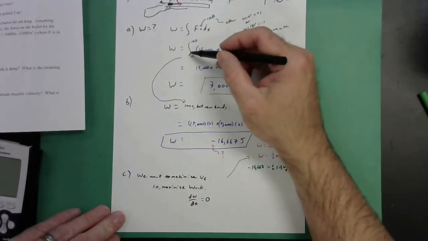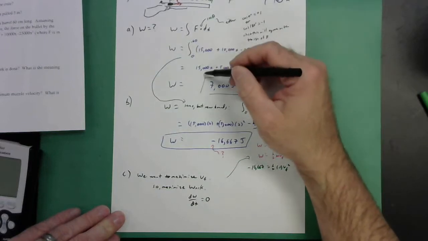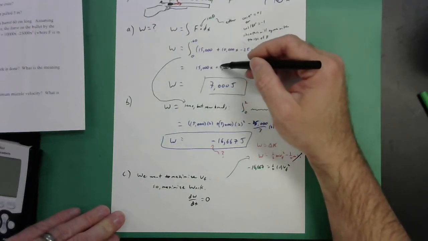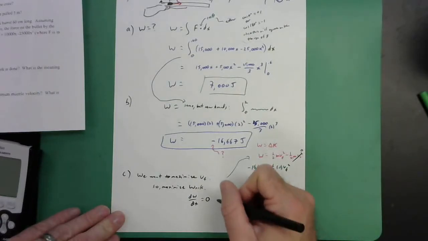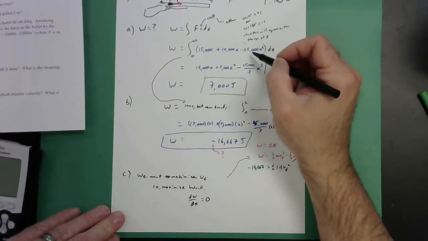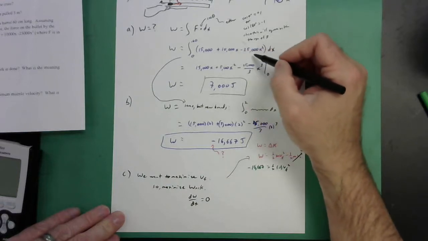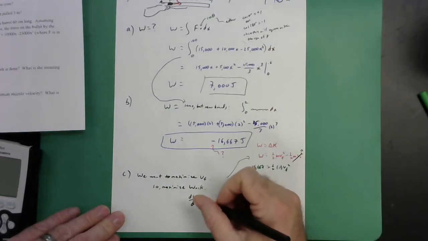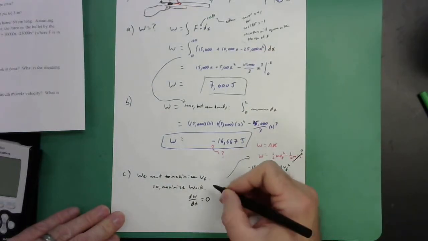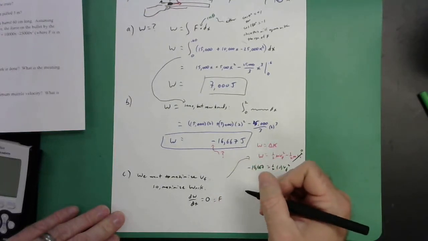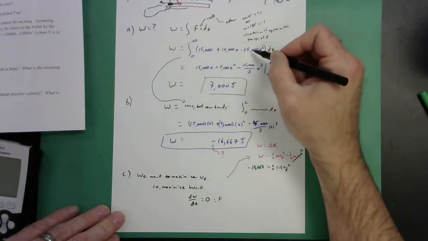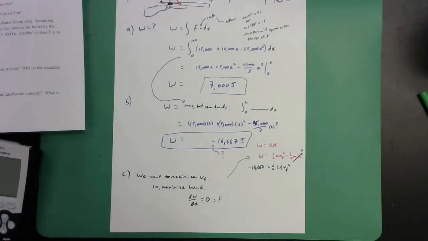Well, this was the integral of this function with respect to dx. So working backwards, taking the derivative of this would give me back that. But what was that? This was the force. The derivative of work with respect to x is just the force function. I'm just going to kick back that original function, all right?